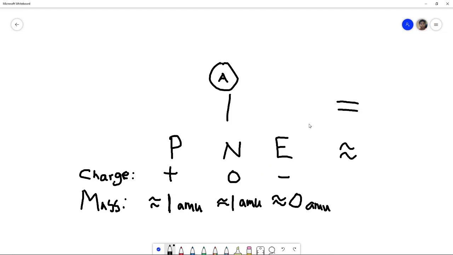And when we think of an atom, we think of the standard diagram of this. Let me just draw this out.